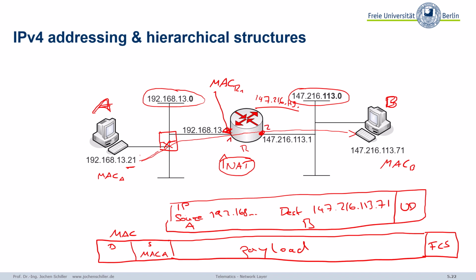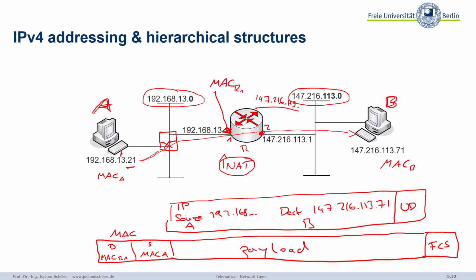There's also interface 2. Both interfaces have their MAC addresses. So on layer 2, we send our Ethernet packets from MAC A to the MAC address of router interface 1 in this example.